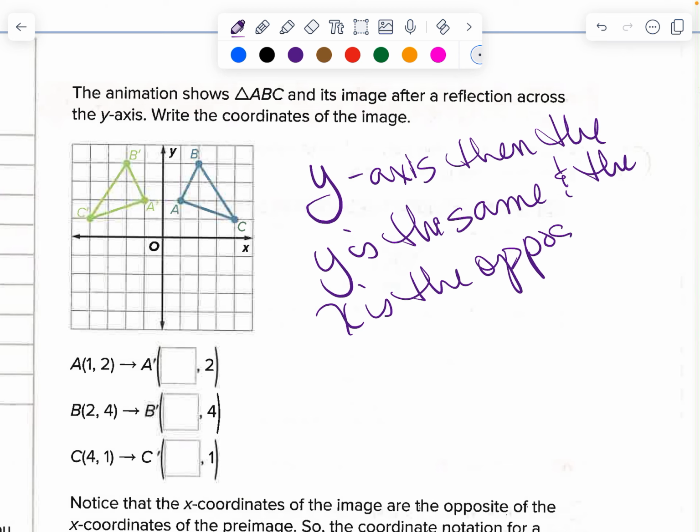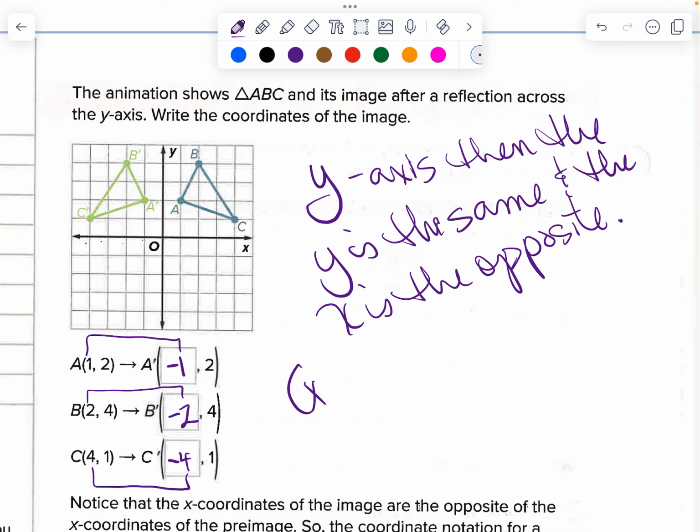Okay, let's prove it. Looking right here, A prime is at -1. Is that the opposite of the x value? It is. B prime is at -2. Is that the opposite? It is the opposite. C prime is at -4. That is the opposite also.